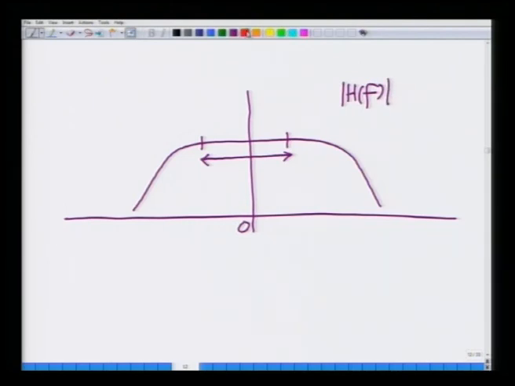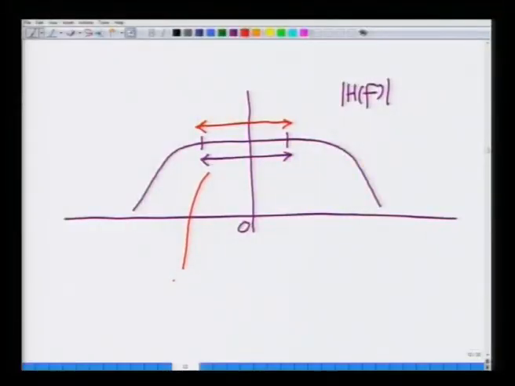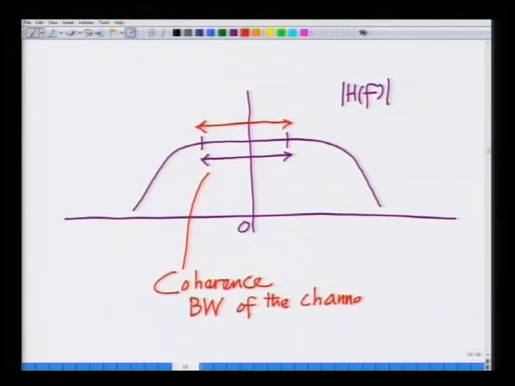Now, this portion over which the response is approximately flat is known as the coherence bandwidth of the channel, and this is denoted by the symbol Bc.